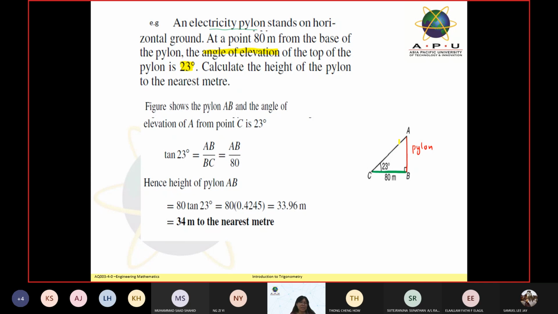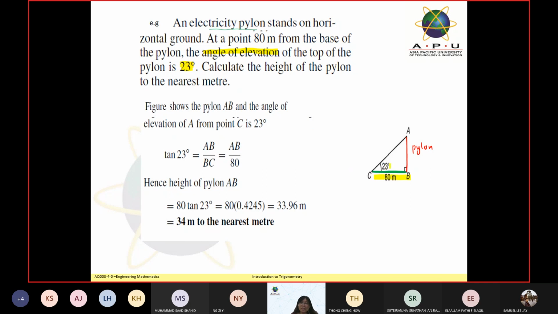Remember, elevation is looking up, to the top of the pylon, at the point 80 meters from the base of the pylon. So this is 80 meters from the base of the pylon.